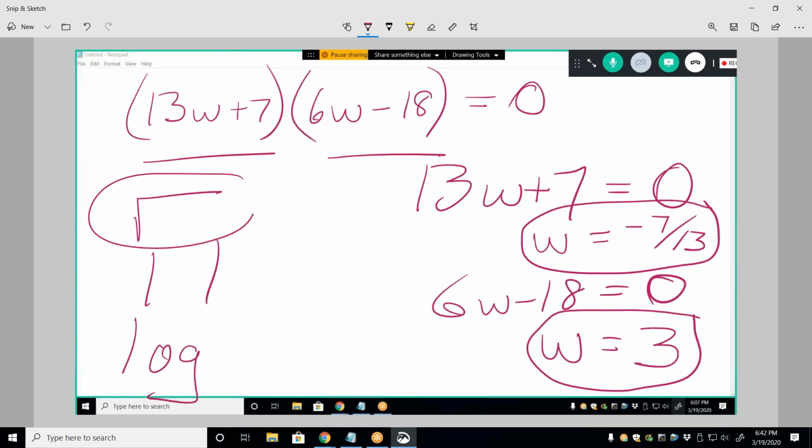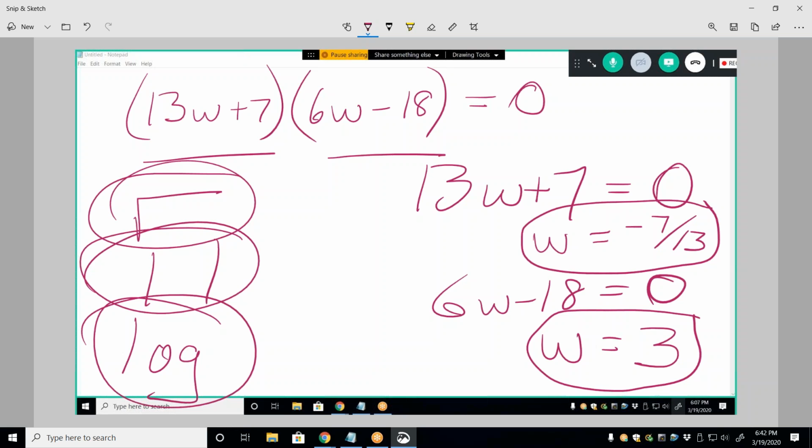These are the three things where you will usually have an extraneous solution, and you only find it by checking both of your answers. When you have a simple binomial times another binomial equals 0, well then both of these answers are going to work. If I plug either one of them in, one of these two terms will be 0, and we'll get 0 as an answer. So they both work.